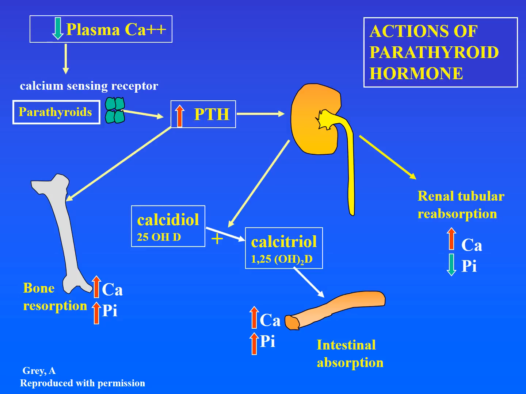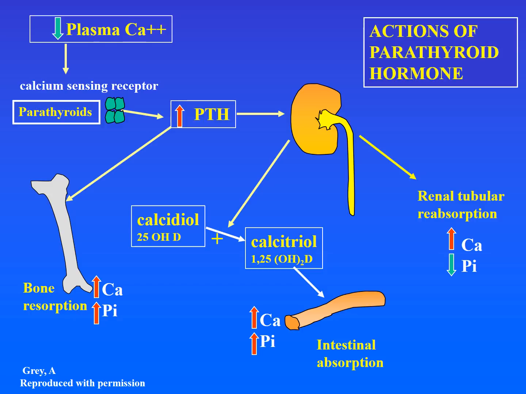There's a specific calcium sensing receptor, we'll discuss that in a minute or so, that sits on the surface of the parathyroid chief cells, which senses that reduction in serum calcium and signals to the chief cells to make and release more parathyroid hormone. And the increase in parathyroid hormone acts very rapidly at the level of the renal tubule to stimulate renal tubular reabsorption of calcium. At the same time, it actually causes renal phosphate loss.